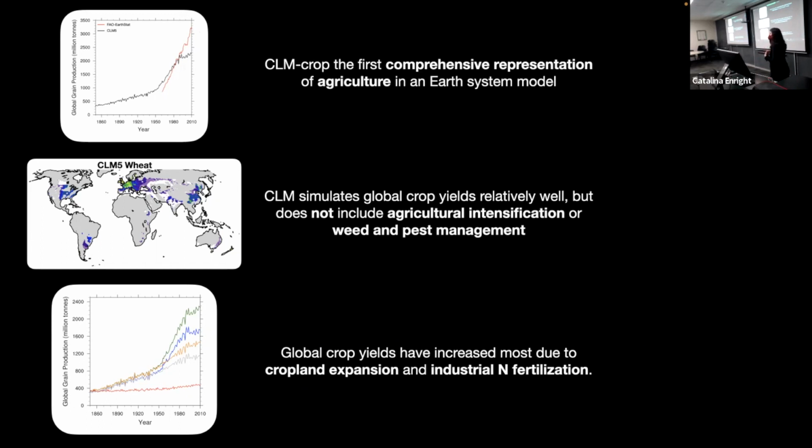So that results in an underestimation of crop yields in temperate regions and an overestimation of crop yields in tropical regions. And then last, global crop yields have increased most due to cropland expansion and industrial fertilization, but there is also a large impact of irrigation that is potentially going to be more important as climate continues to warm.